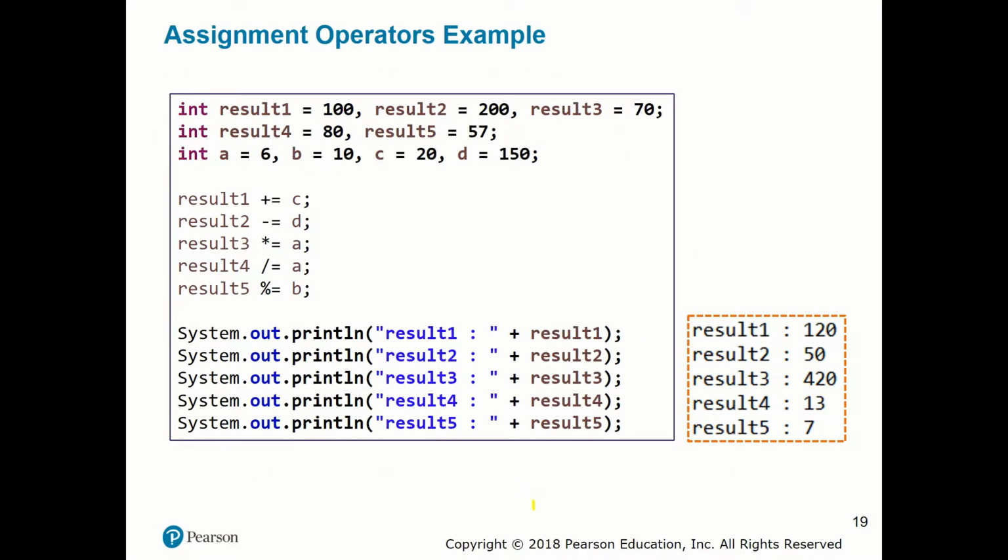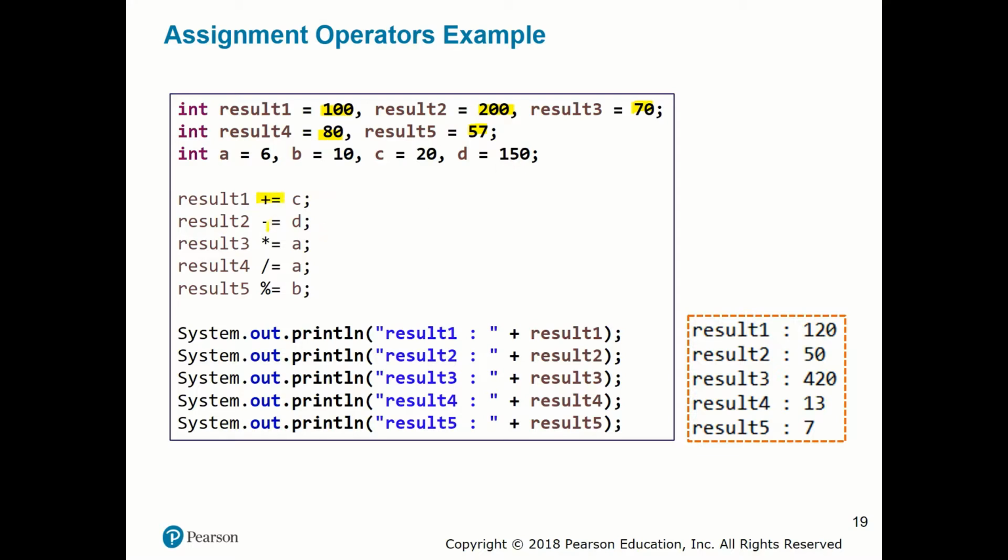Let's see an example. Result 1 has 100 and result 2 has 200. Result 3 is 70. Result 4 is 80. And result 5 is 57. And there are A, B, C, D for integer values.